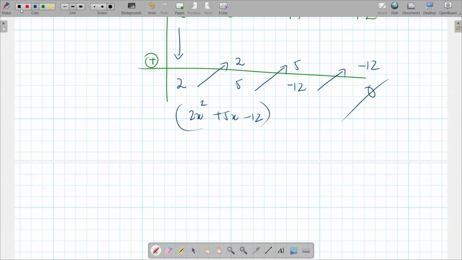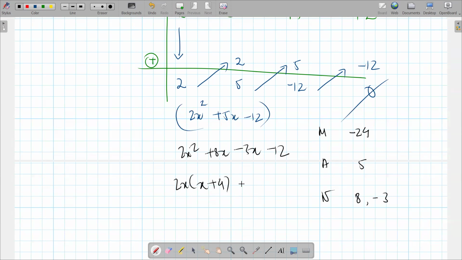What do they multiply to? Negative 24. What do they add up to? 5. So it's going to be 8 and negative 3. So 2x squared plus 8x minus 3x minus 12. 2x, x plus 4 minus 3, x plus 4. So that's 2x minus 3 and x plus 4.